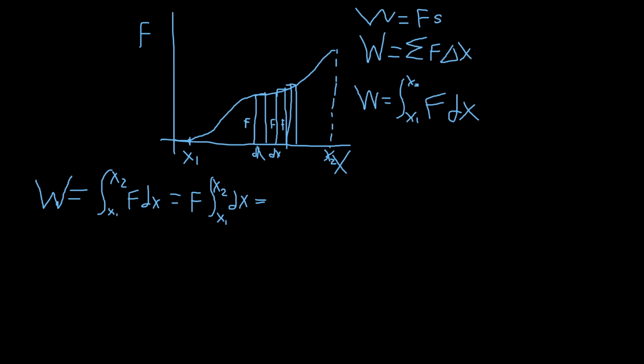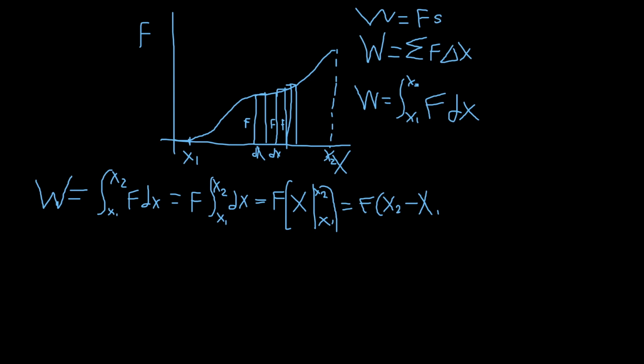You would get F times x evaluated from x1 to x2, so you get F times x2 minus x1, which shows you your displacement between x1 and your maximum x2.